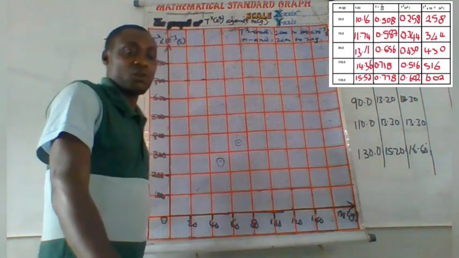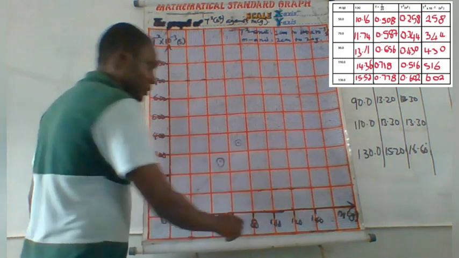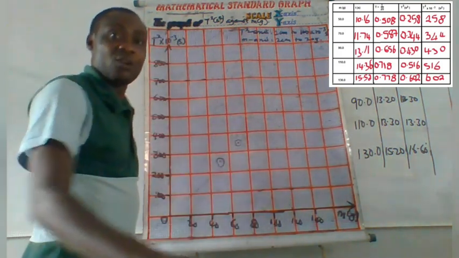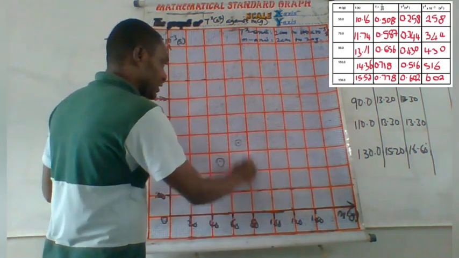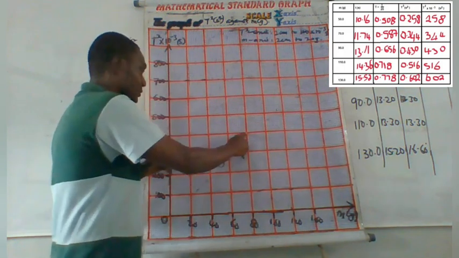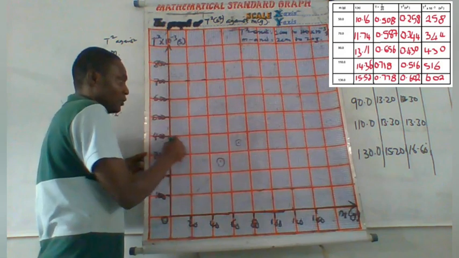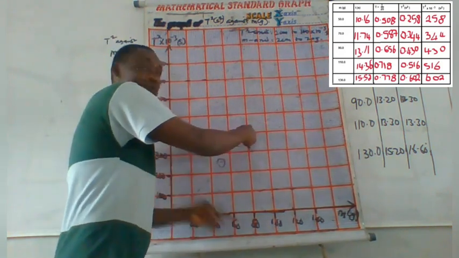Next, we are plotting 430 for 90. So 90 is going to be between 80 and 100. But let's first of all get 430. So let's go up. So this is 80. This is 400. You can see it down to this side. I'm using this line so that it will be easy for me.